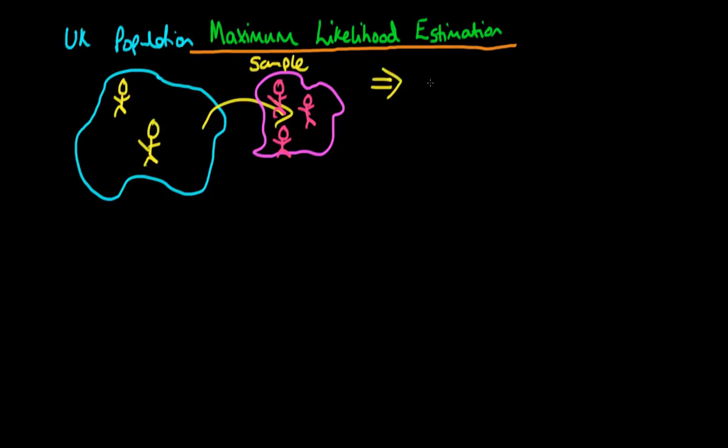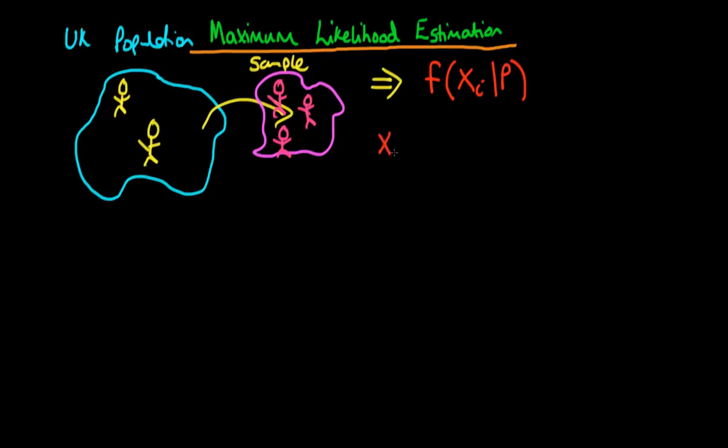We can actually define a function like this, our probability density function, which we're going to call f, and we're going to call it f of xi given the probability p. I should stress that p is a population quantity and in general is the thing which we're trying to estimate, but I'm just going to assume that we know p here to start with.